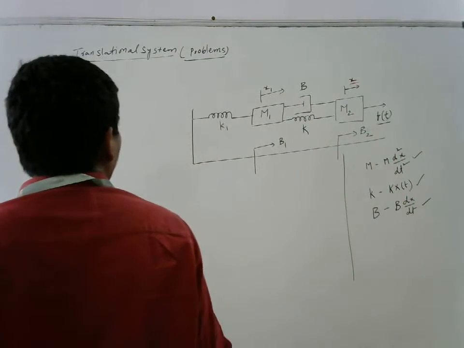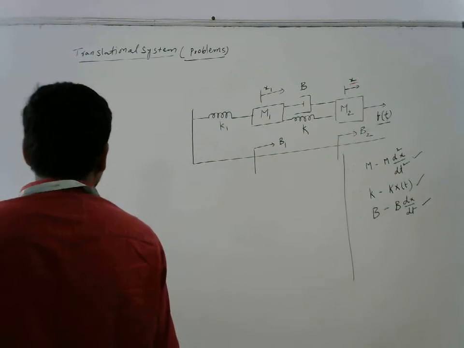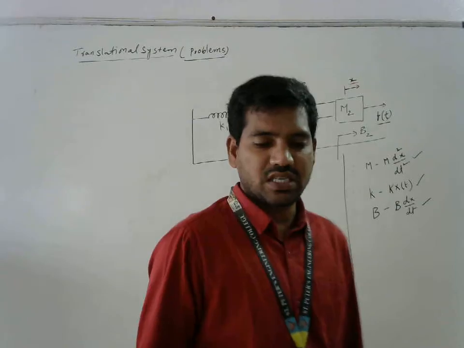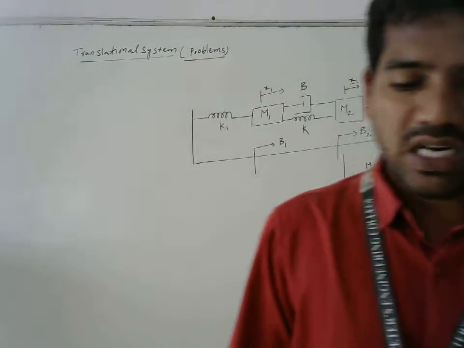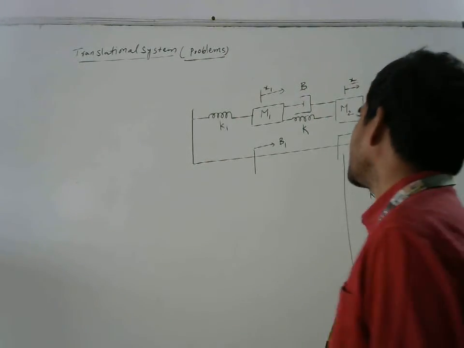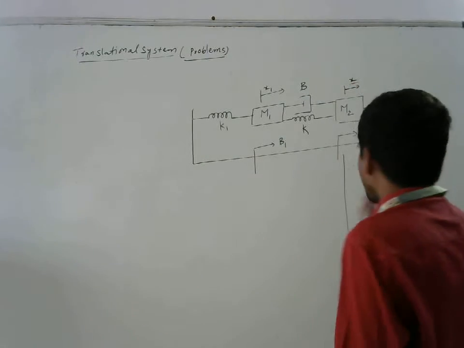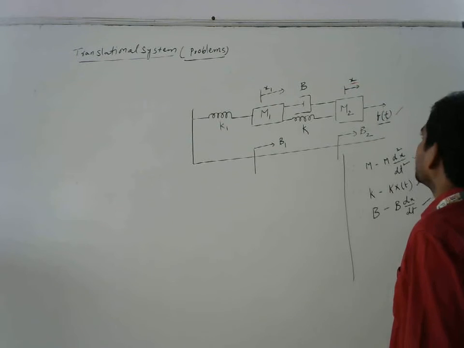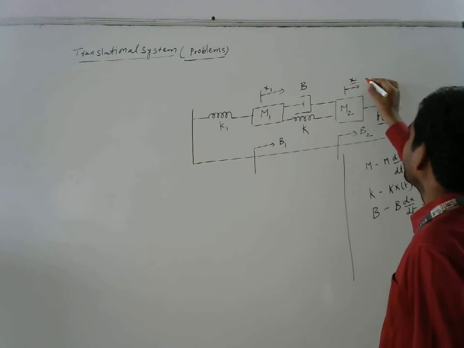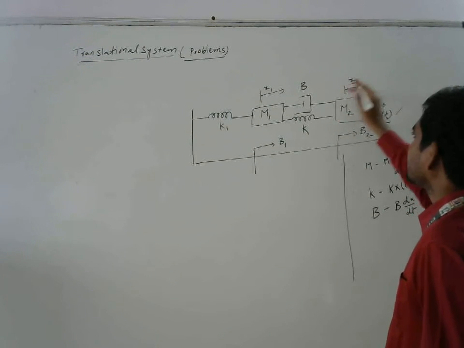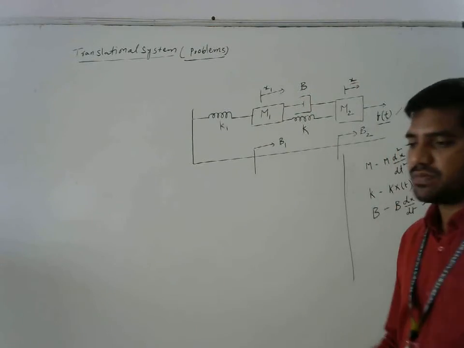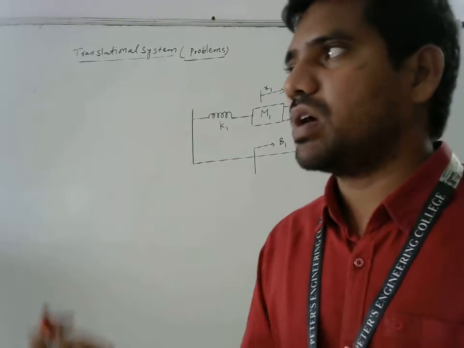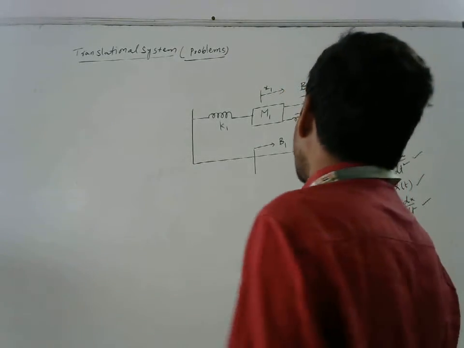Now, for this translational system, we need to find the transfer function. What is the input we are applying? The input is f of t. The output will be x for mass m2. Whenever we apply some force, the bodies will move by x or x1.